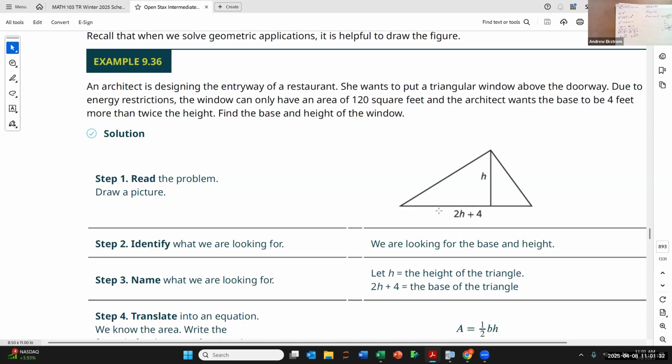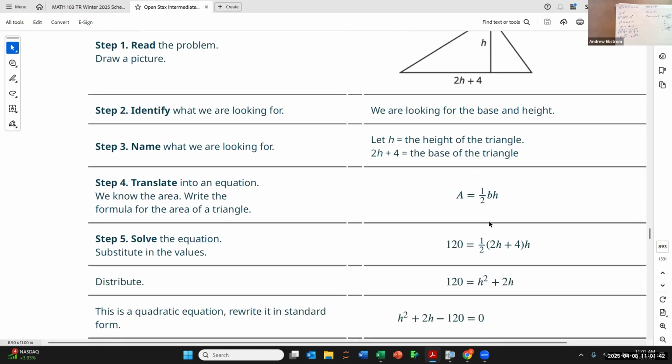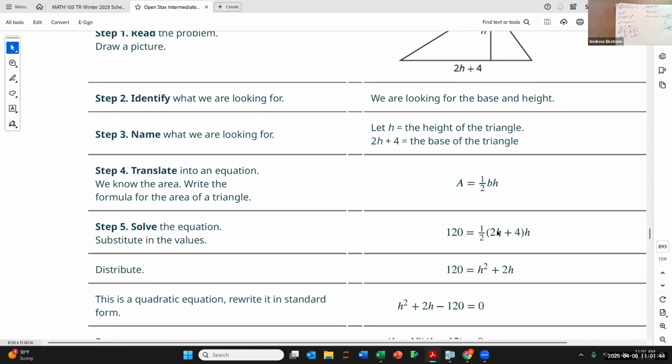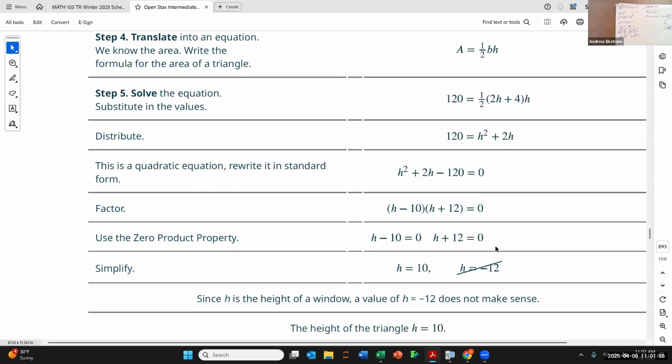So we've got the height of the triangle, and then the base of the triangle is 4 feet more than twice the height. We have to know that the area of a triangle is 1/2 times base times height. We know that the base is going to be 4 feet more than twice the height. Plug everything in, factor it.